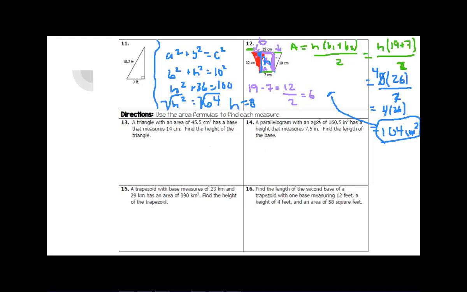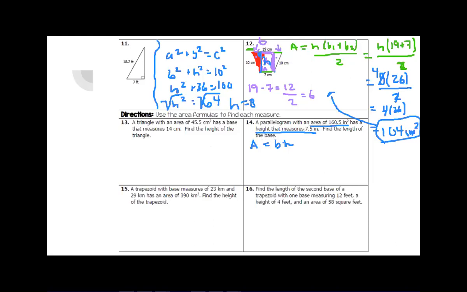This parallelogram has an area of 160.5 inches squared and a height that measures 7.5 inches. We're asked to find the length of the base. So when I set this up, I have A equals base times height. That is the formula for a parallelogram.